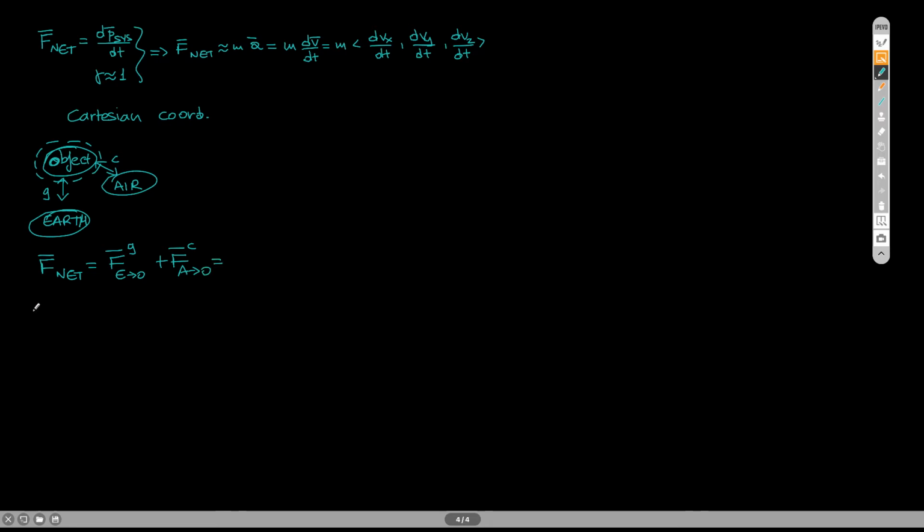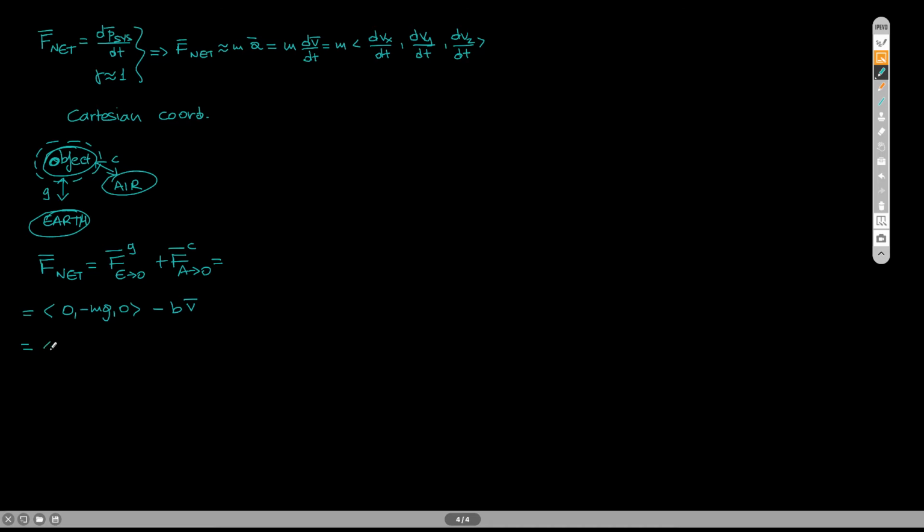Now, the gravitational one is 0, minus mg, 0. And when I only take into account the linear term, that contact force will be equal to minus b times v.